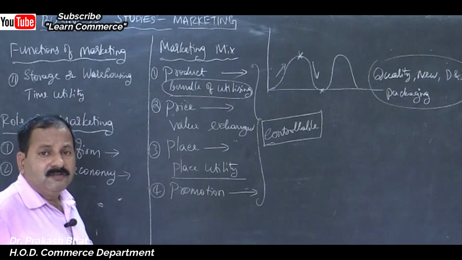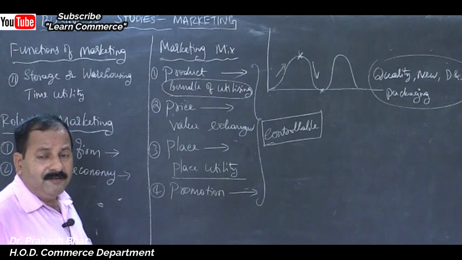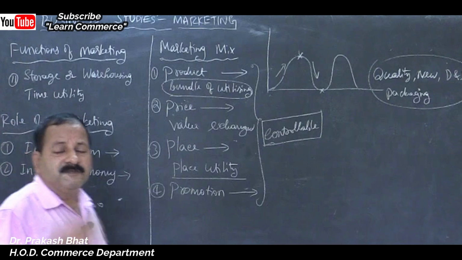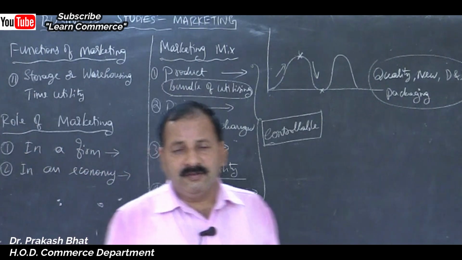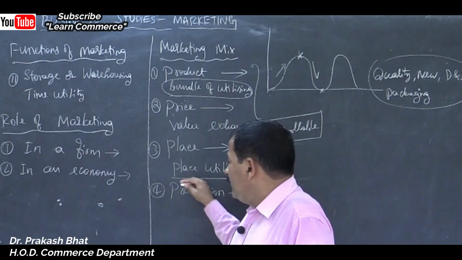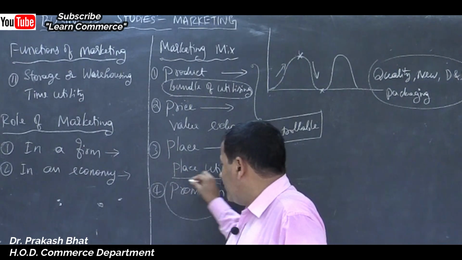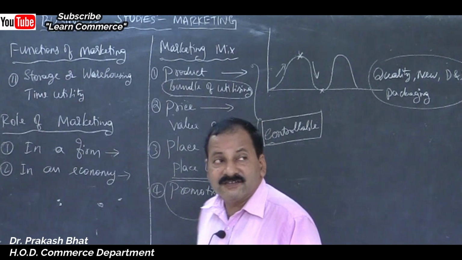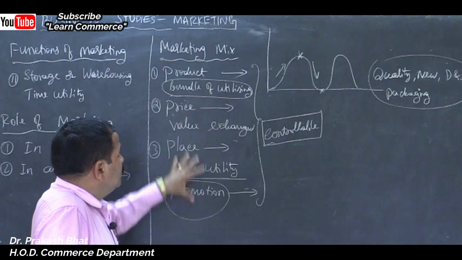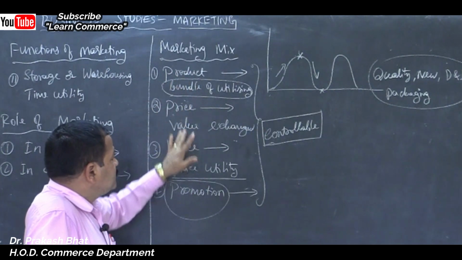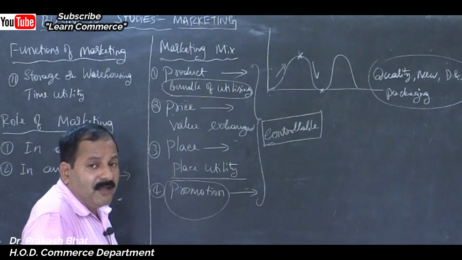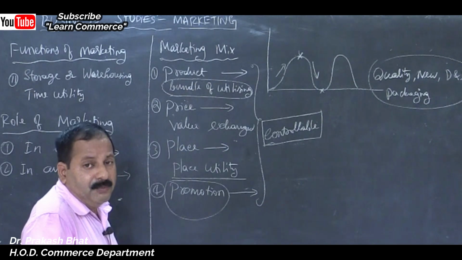Or developing your own website, or maybe mass media, television, or press, isn't it? So these are various tools of promotion which can be used by the marketer or the manufacturer to increase the sale of his products. So all these marketing mix elements, like product, price, place and promotion, are in the hands of the manufacturer only, or the marketer only.